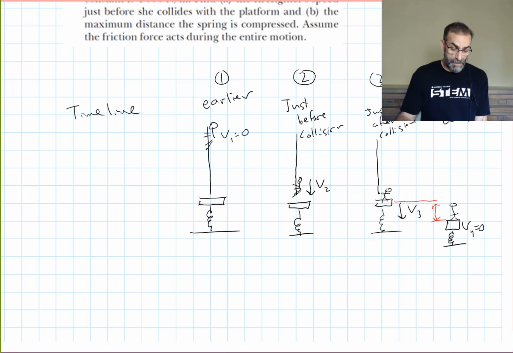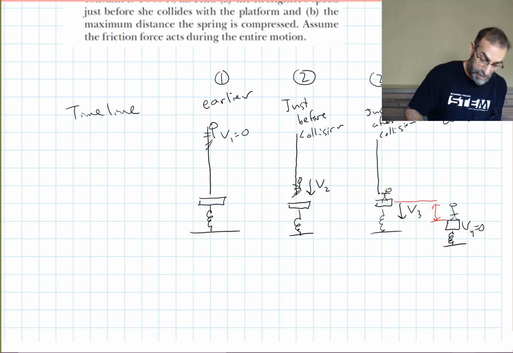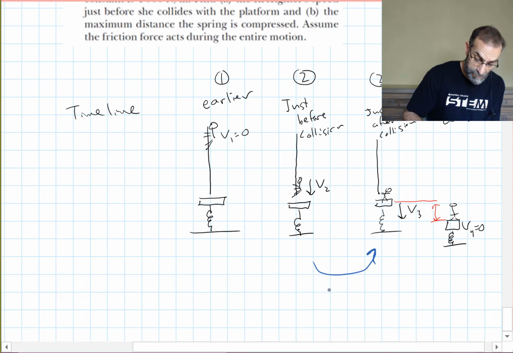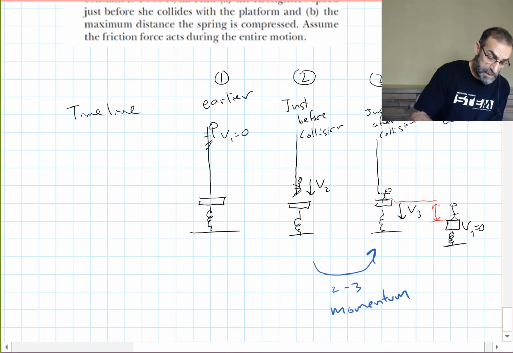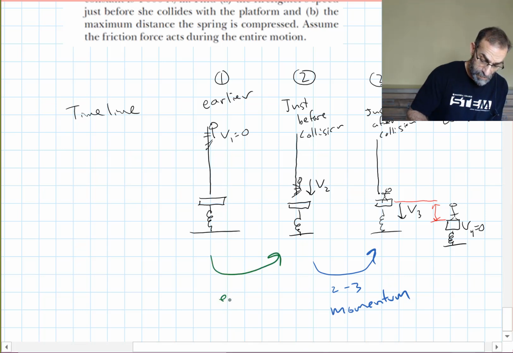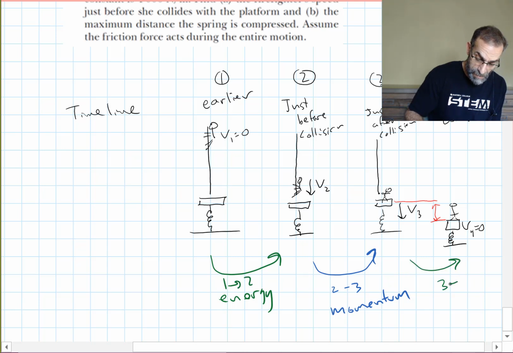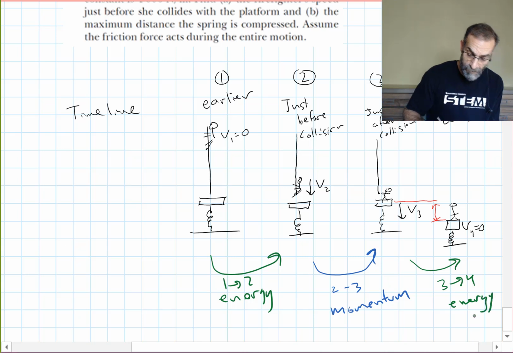So we'll work our way through. We know we're going to use momentum, right, to get through here. And we can use energy here, and we can use energy here.